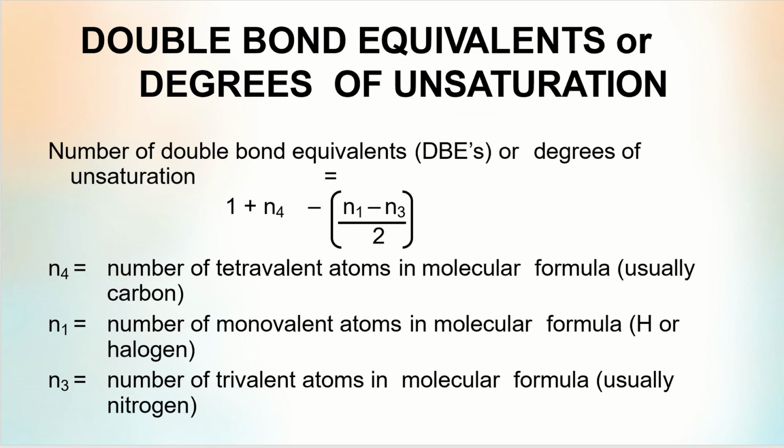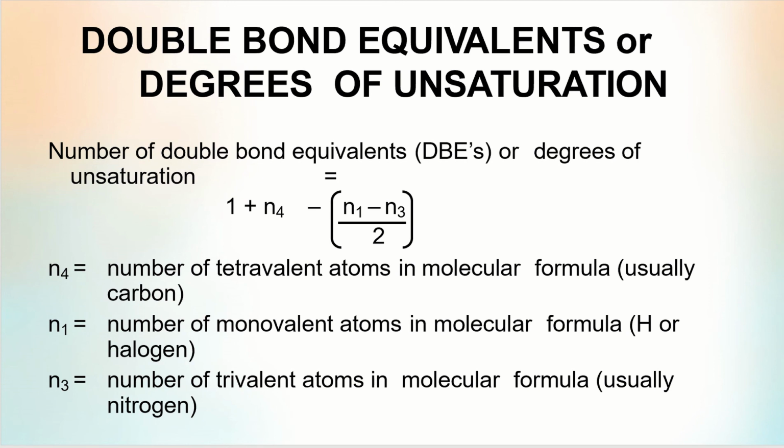All right, so double bond equivalence or degrees of unsaturation. I'm sure you thought we were perhaps finished with the knowledge, but another thing that will become important to us is DBE, which is double bond equivalence or degrees of unsaturation. So here, this formula we need to know, right?